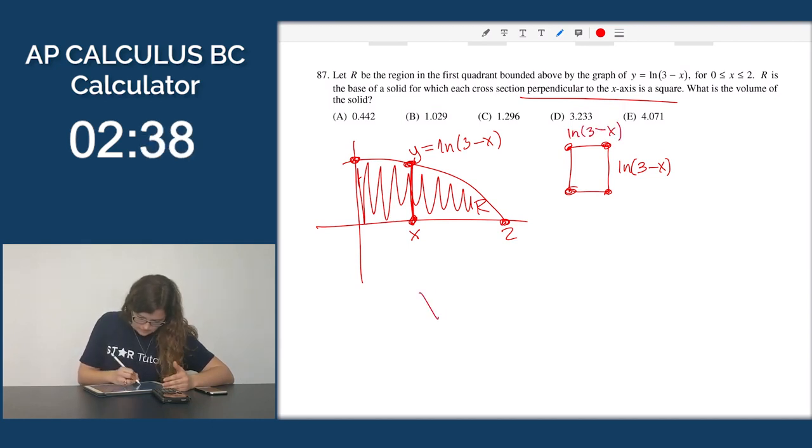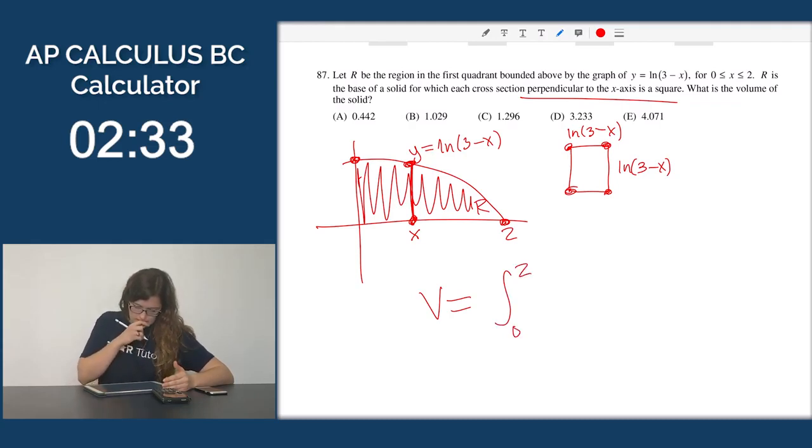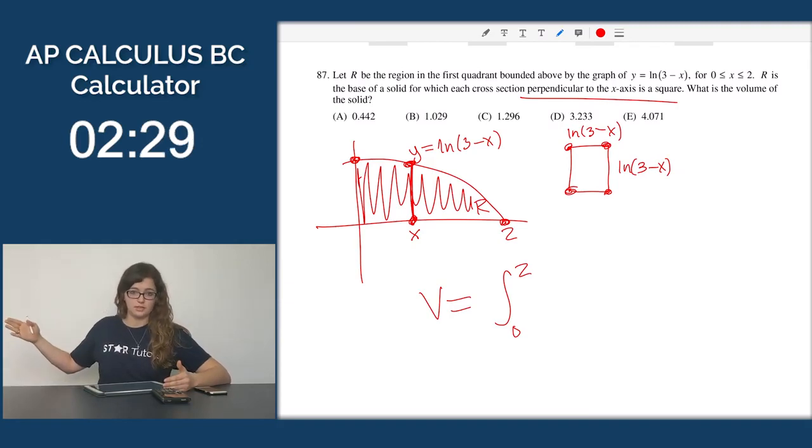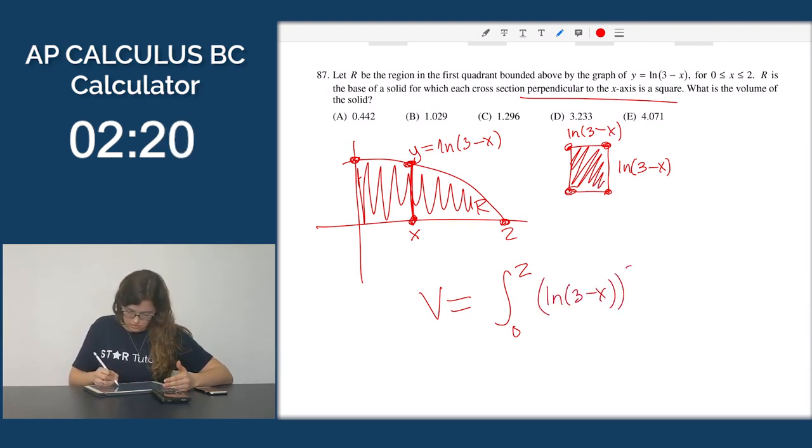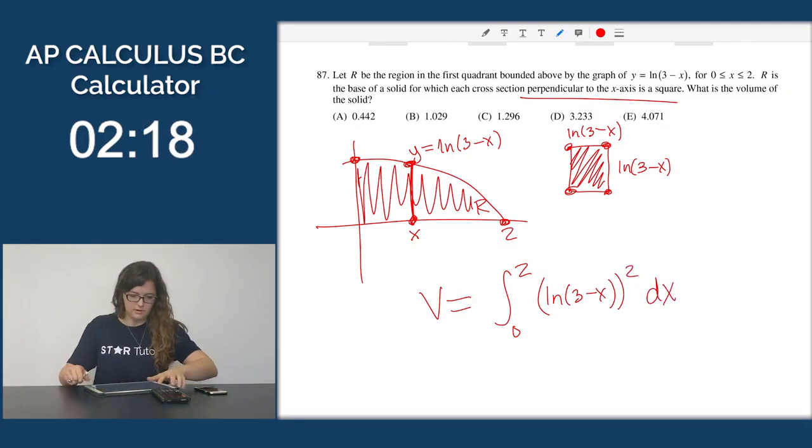So my volume of this solid is going to be the integral from 0 to 2 of, I want to add up all of the areas of all of the cross sections for each x. And the area for each cross section is the area of this square, which is natural log of 3 minus x all squared dx. And so now I'm going to plug that into my calculator.